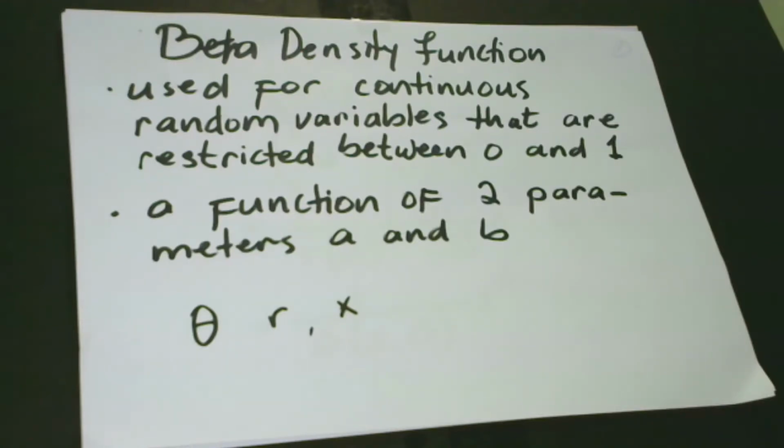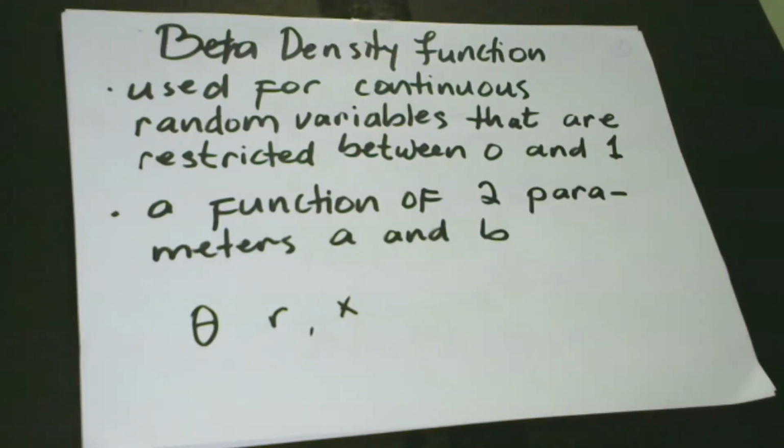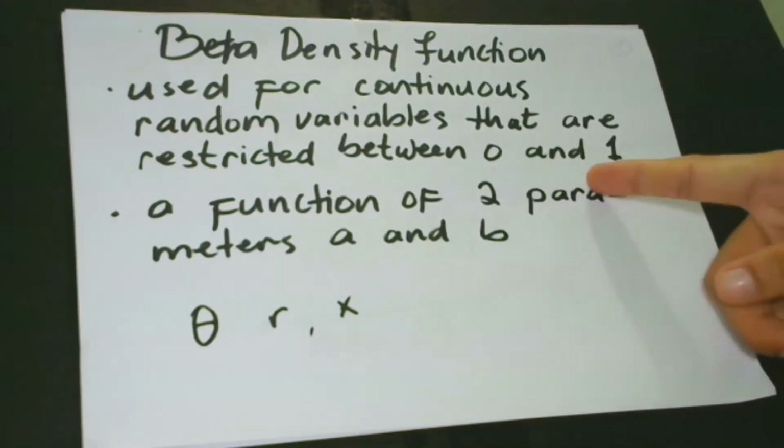So first, maybe you would like to ask me, what is a beta density function? This function can be used for continuous random variables that are restricted between 0 and 1.